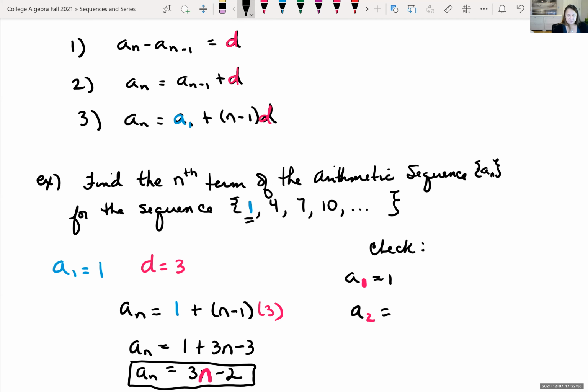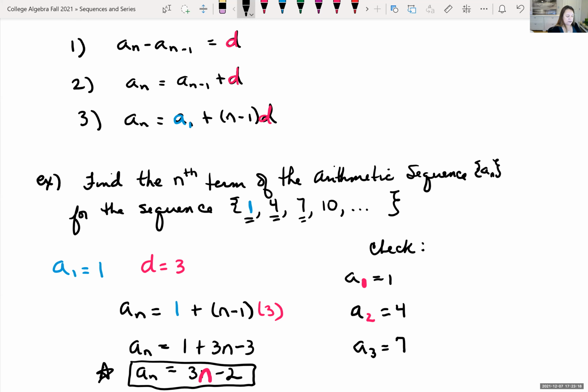We have 3 times 2 is 6. 6 minus 2 is 4. That gives me my second term. A sub 3, that's 3 times 3 is 9, minus 2 is 7. Okay, etc. So we found the right formula for the nth term of the sequence.